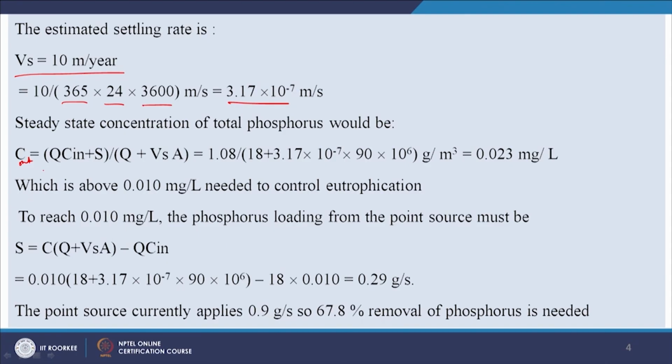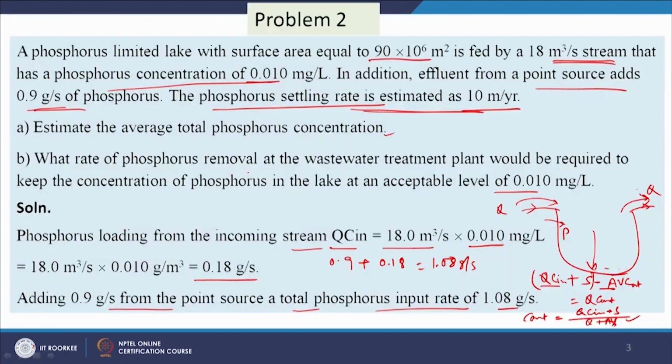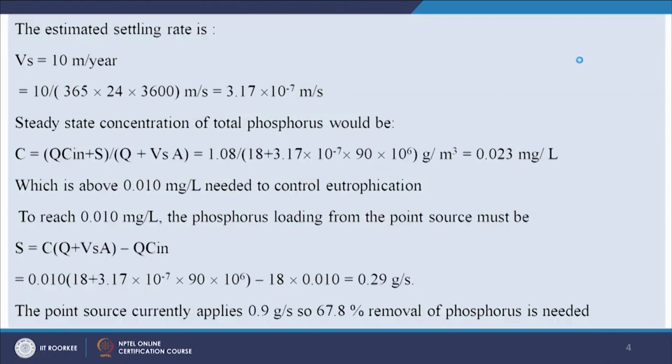So, C is equal to (Q into C in plus S) divided by (Q plus Vs into A). Now, we have already calculated this term, which is equal to 1.08, divided by Q, which is 18 meter cube per second.